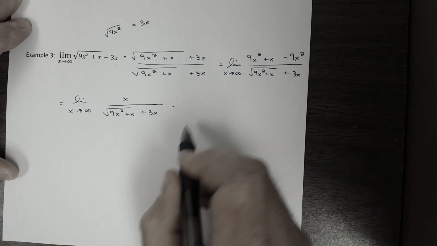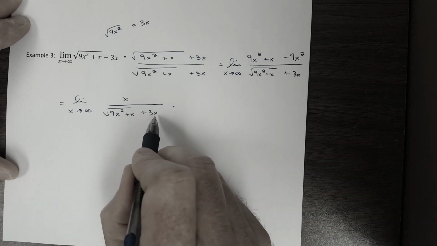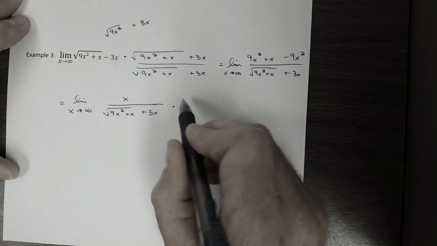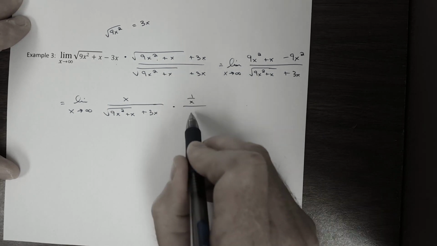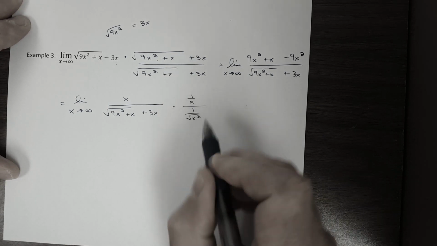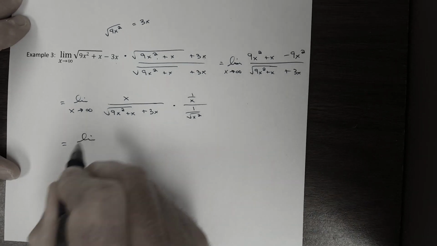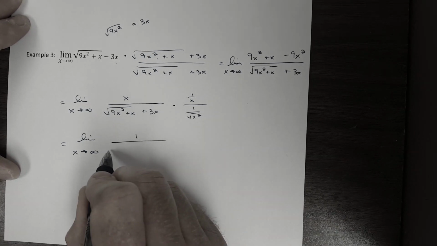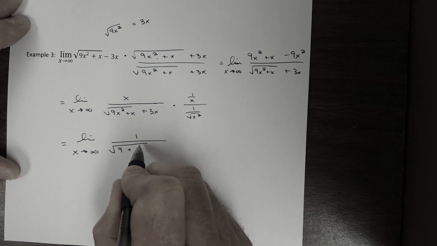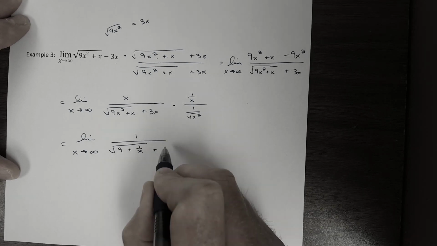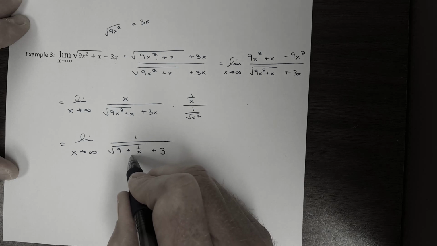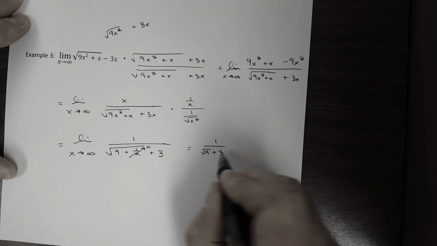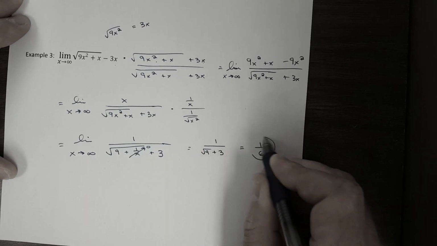Now we're going to divide through by our highest degree in the denominator, which is first degree. Again, don't let this fool you. It's a square root of a squared quantity. So we're going to divide there, and we're going to divide there. Result: 1 over the square root of 9 plus 1 over x, plus 3. That approaches 0, and we have 1 over the square root of 9 plus 3, which is 1/6.